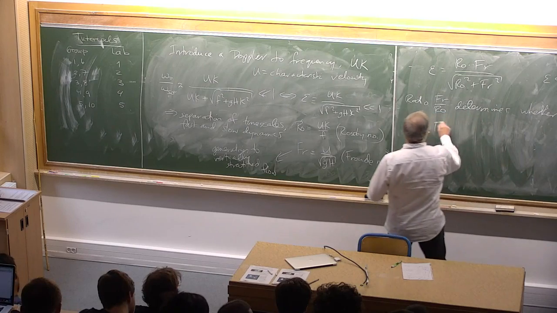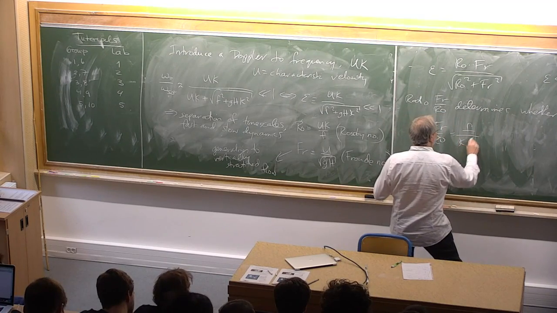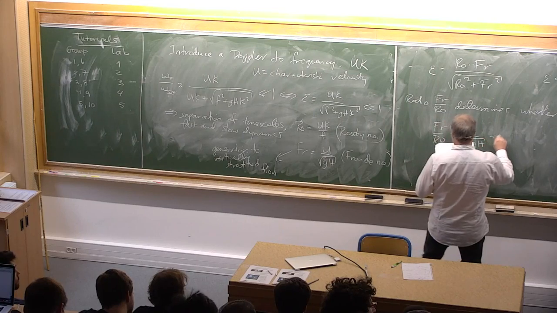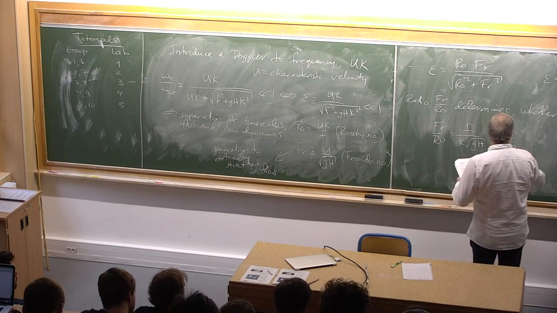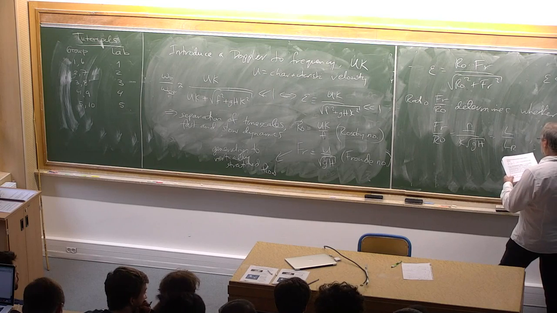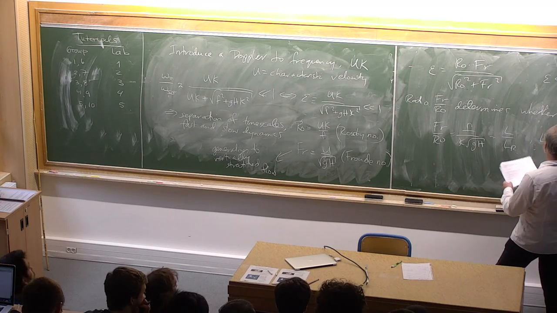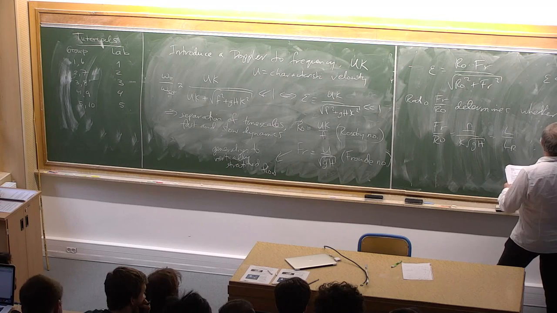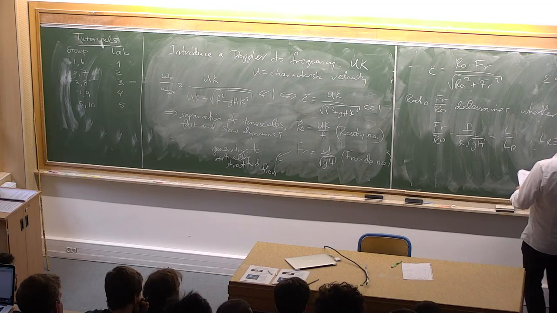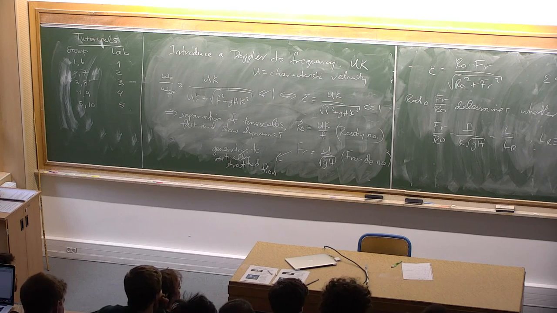Because Froude over Rossby is F over kappa root GH, and that's just L over L sub R, where LR is defined to be the Rossby deformation radius, square root GH over F. So that's a physical length scale given your parameters.